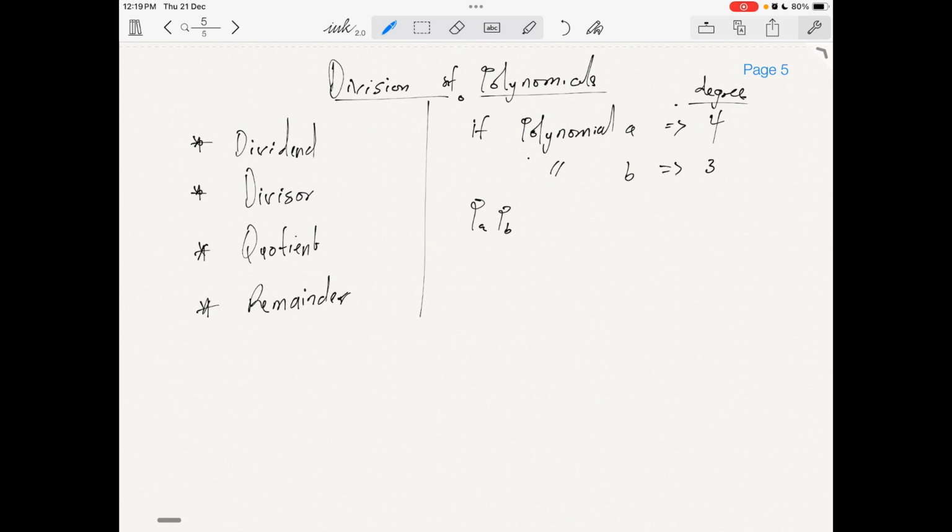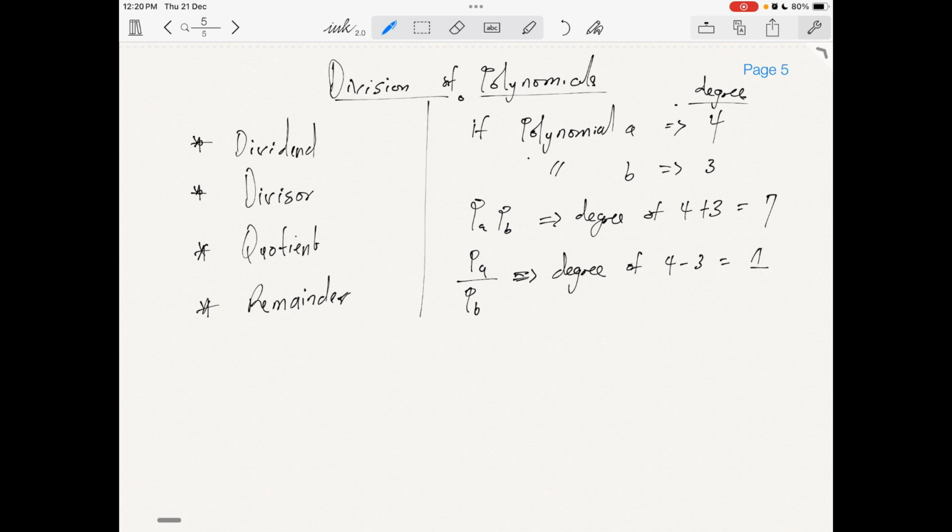The degree will be 4 plus 3, that'll give us degree 7. And if we say pa over pb, definitely the degree will be 4 minus 3. That'll be of degree 1.